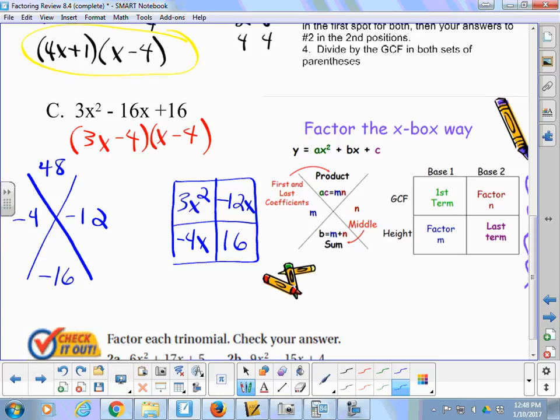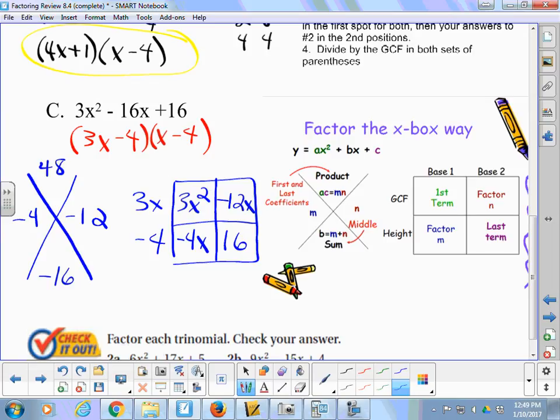The greatest common factor there is 3x. Then we do the greatest common factor for this row. 4 and 16 have a greatest common factor of 4. Now, whenever this is negative and this is positive, it's always going to be negative.